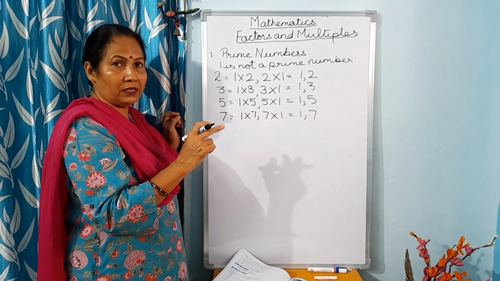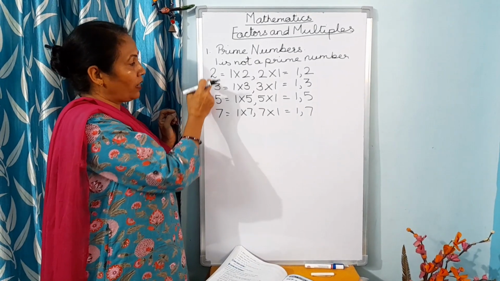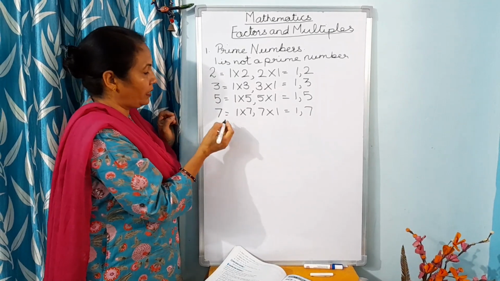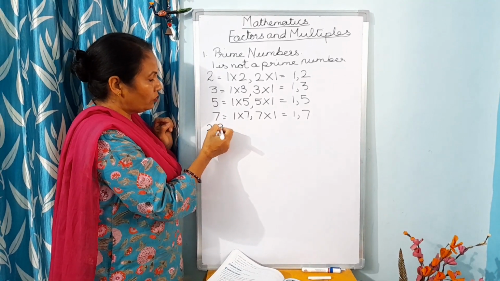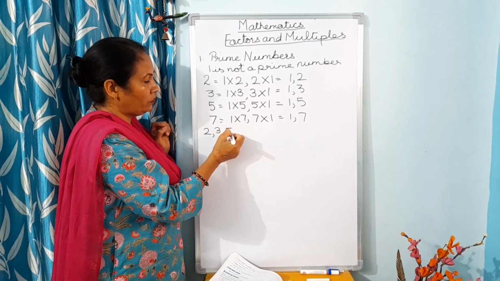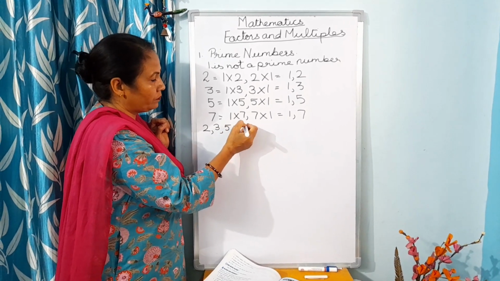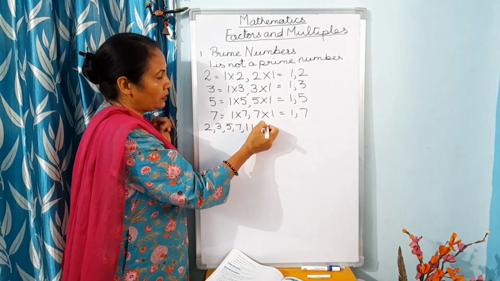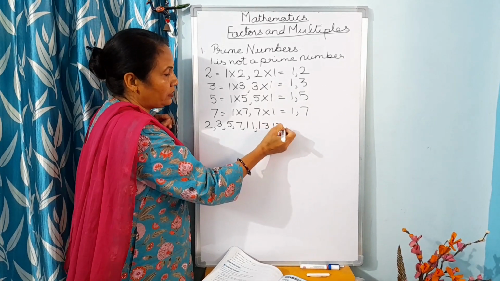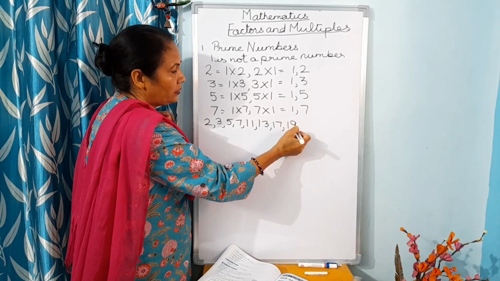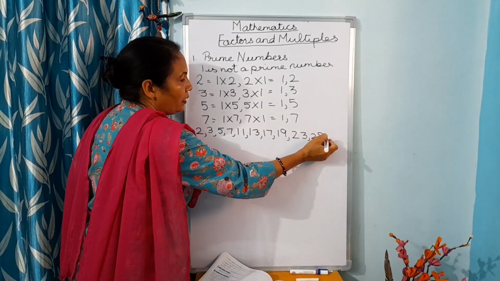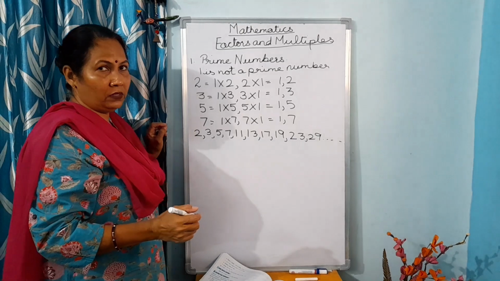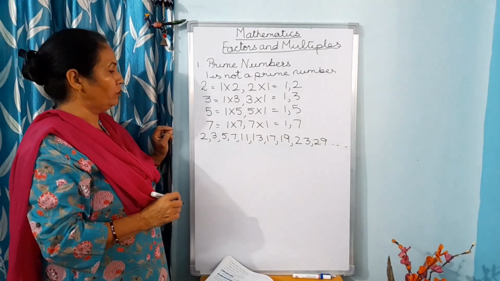You can see there. Like this you have 2, 3, 5, 7. I will write here the prime numbers: 2, 3, 5, 7, 11, 13, 17, 19, 23, 29 and so on, which you can see in the book.